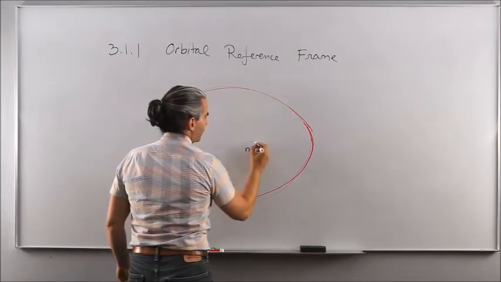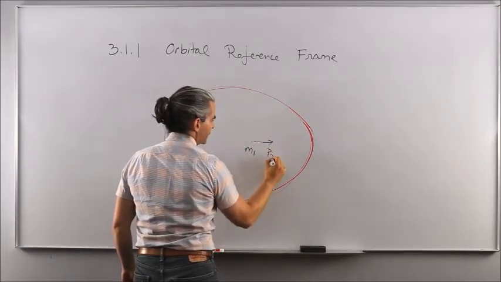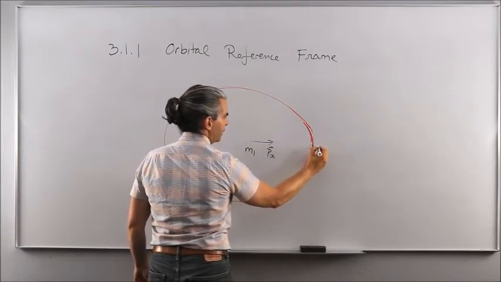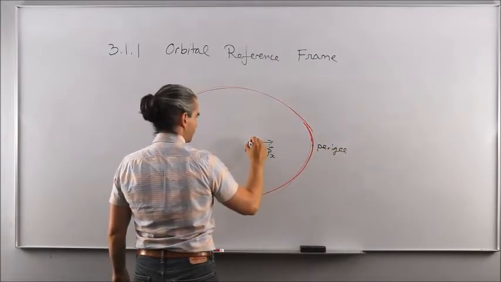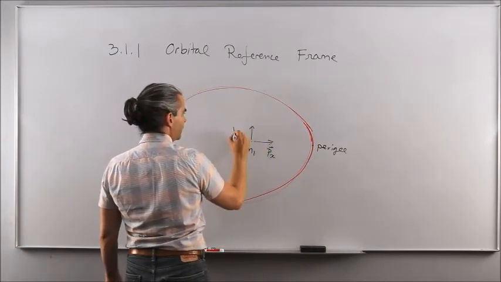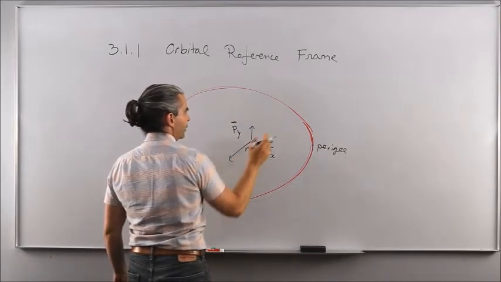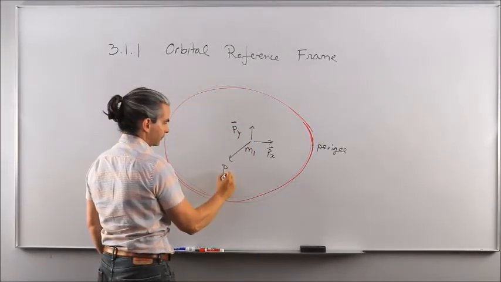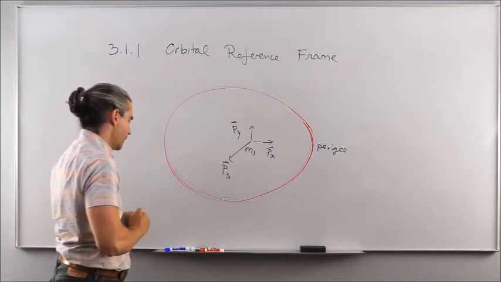Well, if you remember our perifocal reference frame, it has its px unit vector in the direction of the perigee of the orbit, its py unit vector straight up, and its pz normal to the orbital plane pointing at you. So that was the definition of the perifocal reference frame.